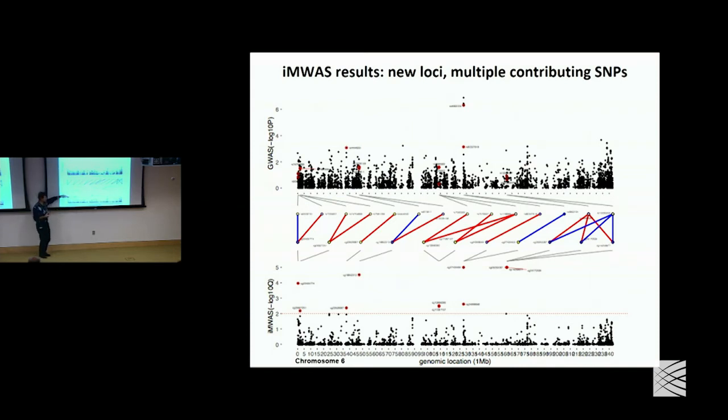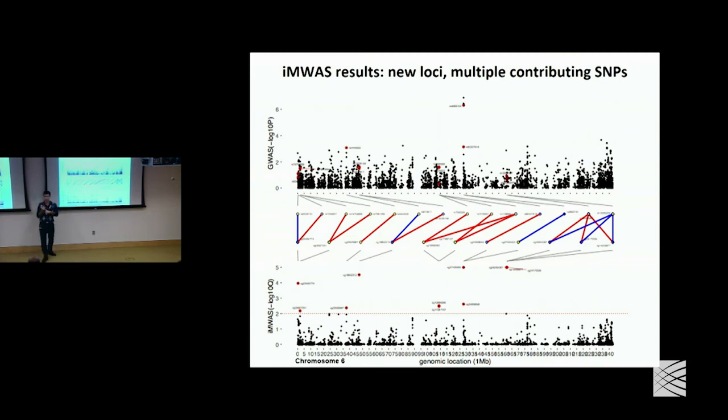But if you do this approach of basically going through the methylation, you find that there are half a dozen significant loci by combining multiple SNPs. And it's very powerful. Number one, it gives us new genetic loci. That's a big deal. Number two, it actually tells us that these genetic loci likely act through methylation in the brain, because that's the tissue, the stage of development, and the type of regulatory activity that we're looking at.